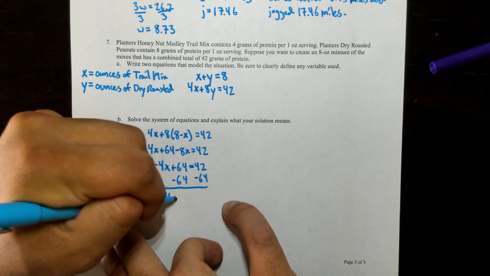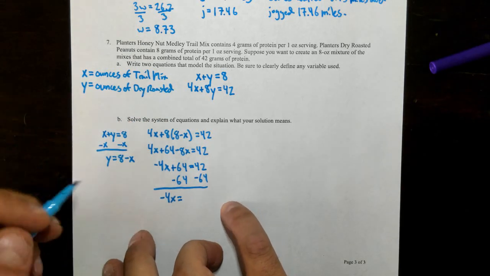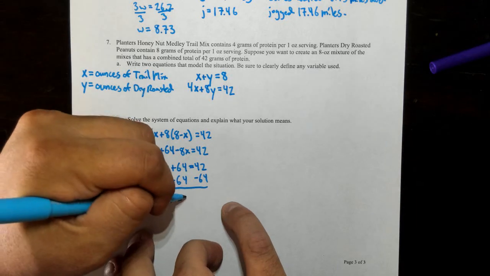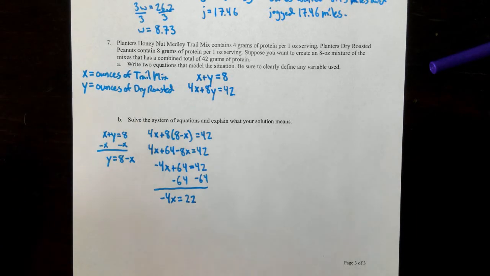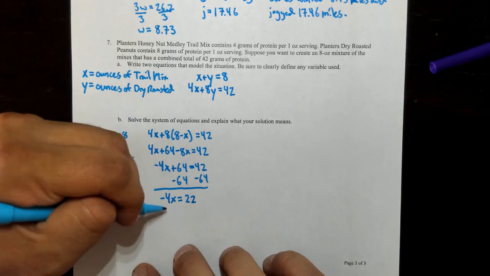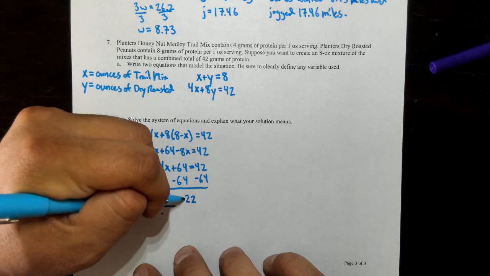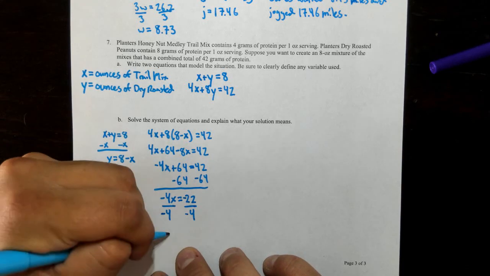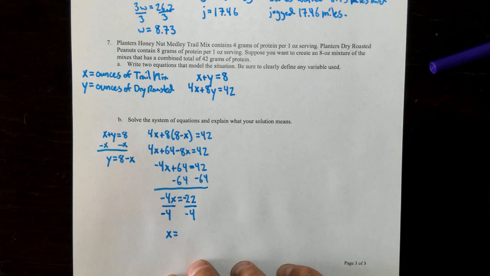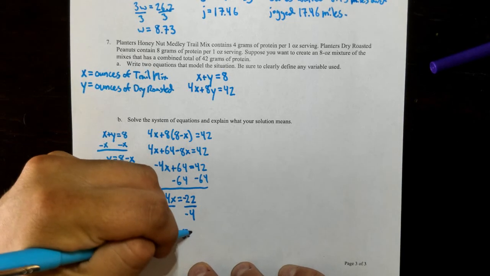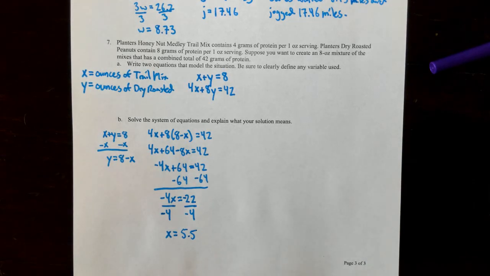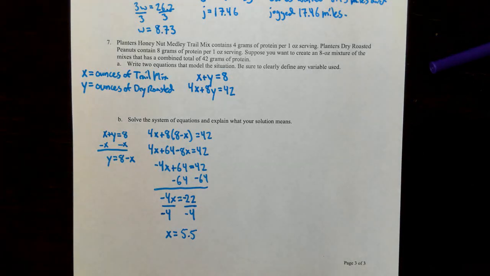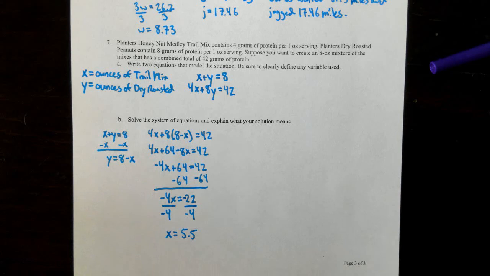Negative 4x is equal to negative 22. And divide both sides by negative 4. So x is going to be equal to 5.5. So we know in our mixture that we need 5.5 ounces of trail mix.